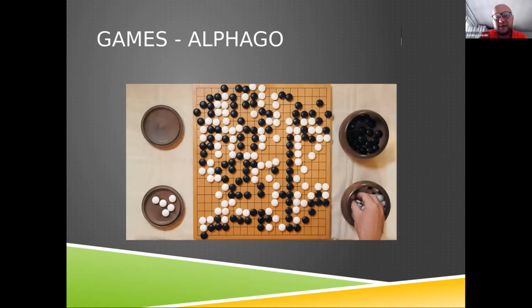It's a game which is much more complicated than chess, and people thought that a computer would never be able to beat a human within the next decades, but it actually happened a few years ago. So I would say that reinforcement learning is probably the area where we will see the most interesting progress.